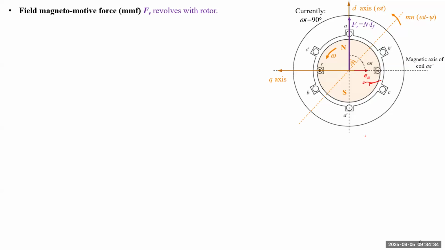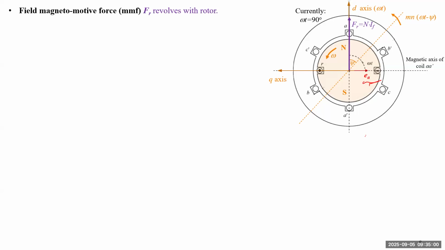But for the generator it is a little more complex, because we have currents in both the rotor winding and the stator winding, so both will generate magnetomotive force. We'll start from the rotor winding, which is the field winding, then go to the stator winding, and then determine the total magnetomotive force.